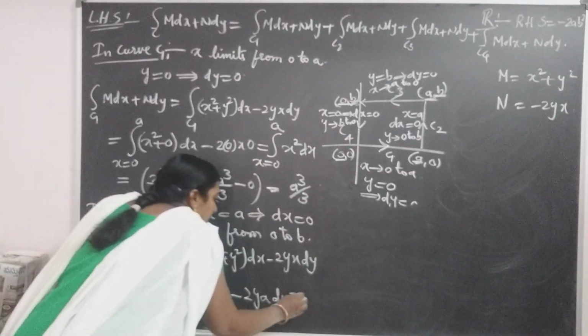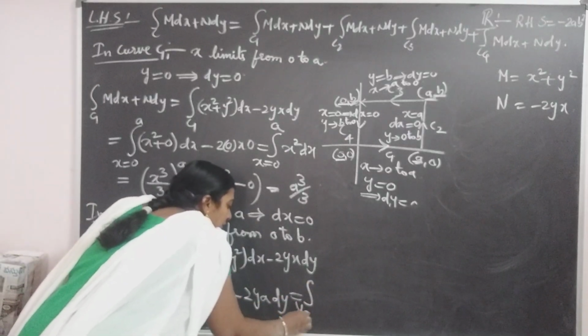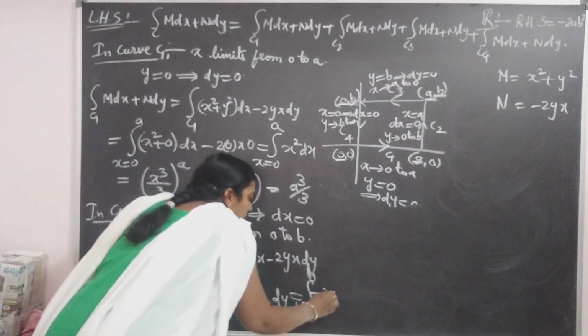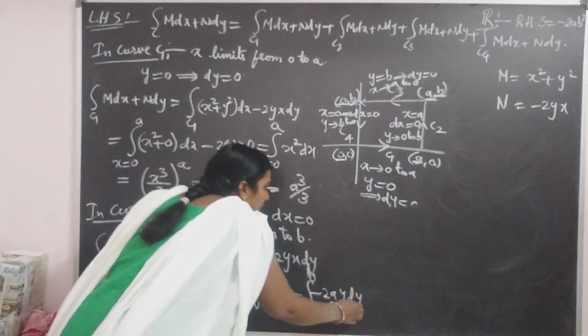That is the integral y from 0 to b of minus 2ay dy.